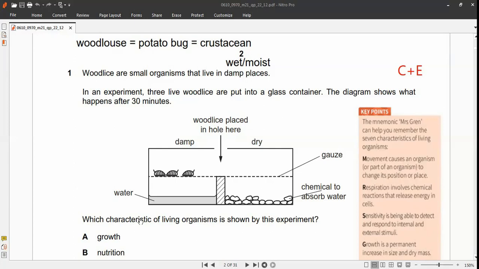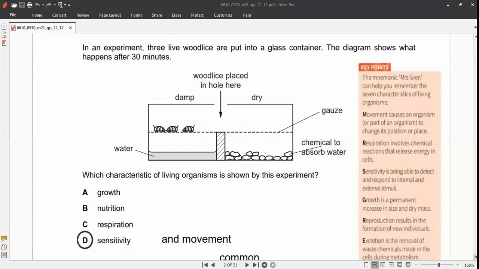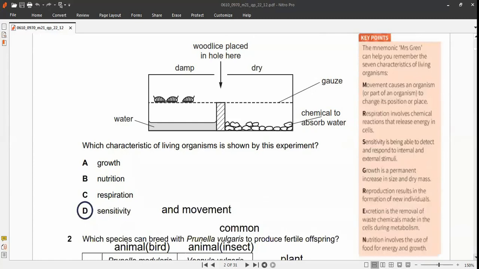So which characteristic of living organisms is shown by this experiment? Let's revise the characteristics. The first characteristic, movement. Movement causes an organism or part of an organism to change its position or place. Respiration involves chemical reactions that release energy in cells.